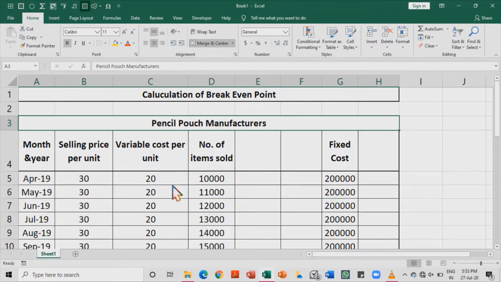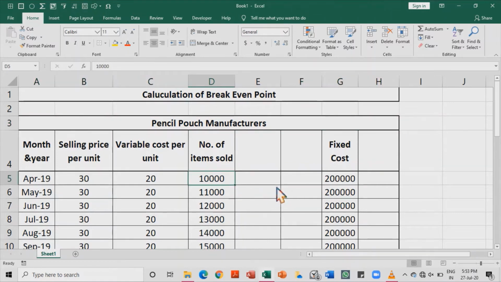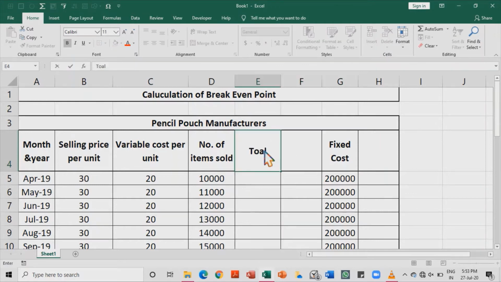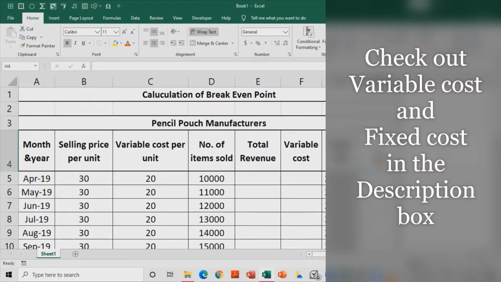That is, it costs around 20 for producing one pencil pouch. The number of items sold is 10,000, and the fixed cost is 2 lakh. Okay, is that clear? Then what about these two empty boxes? It's total revenue, variable cost and total cost.